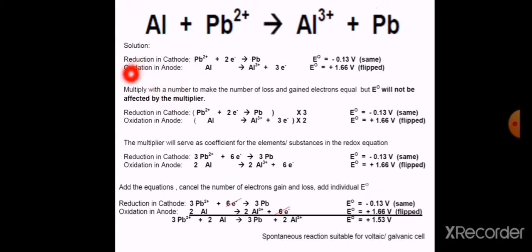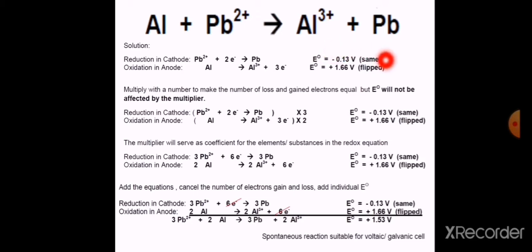The reduction reaction happens in the cathode palagi. So that lead plus 2, ito yung gain of electrons. Gain of electrons, ulitin ko, na idadagdag siya sa reactant side, producing this one lead. So ito yung value ng kanyang cell potential, negative 0.13 volts.